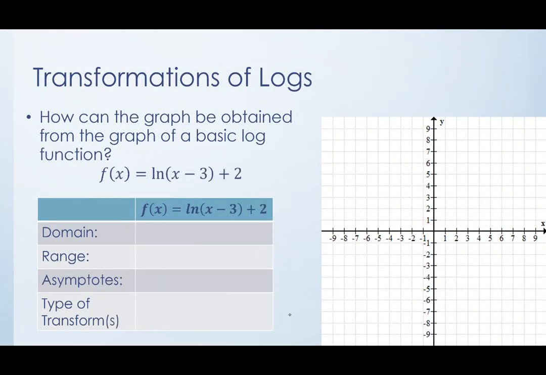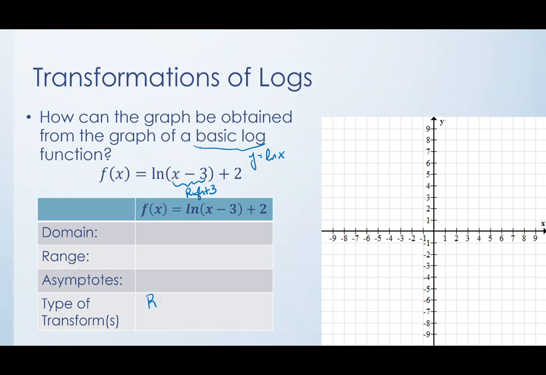So we've got time for a second one here. This one is going to be versus the natural log function. Our basic function is going to be y equals ln x. And hopefully you look at this and say, I've changed x to x minus 3, so that is going right 3.